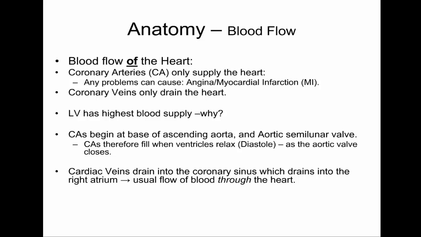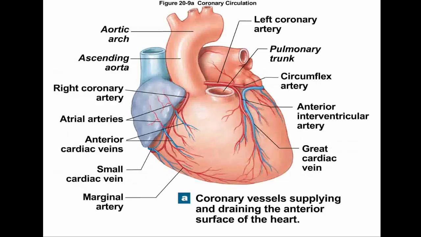So the left ventricle has the highest blood supply, and also you can see here that on this side, the left side of the heart, it has a very big circumflex artery and the anterior interventricular artery.